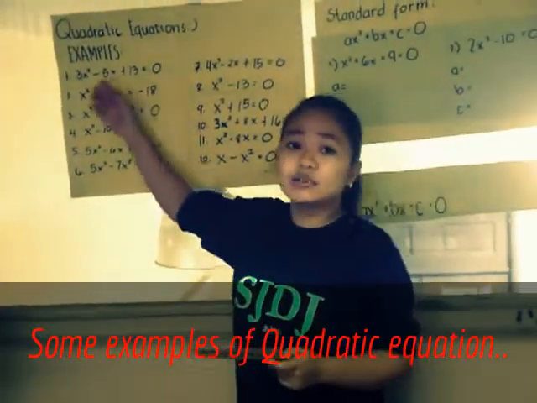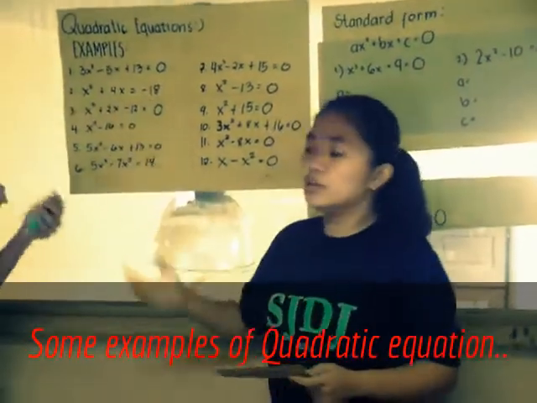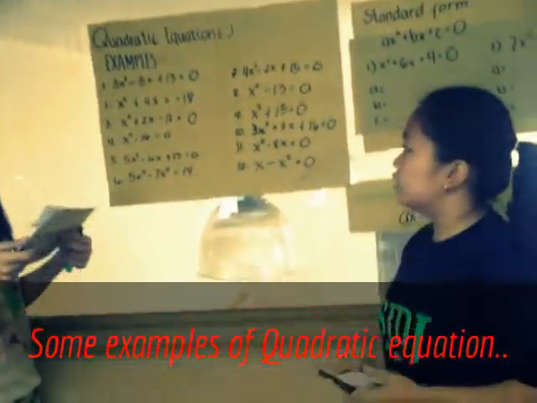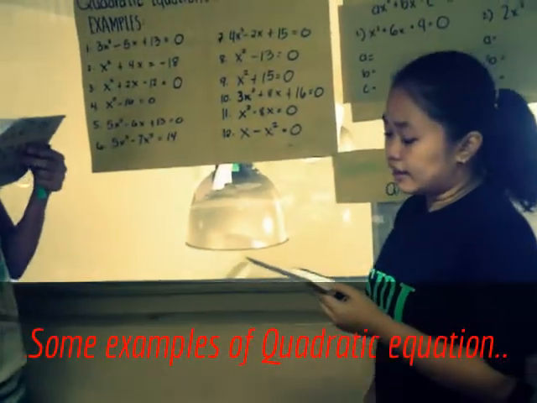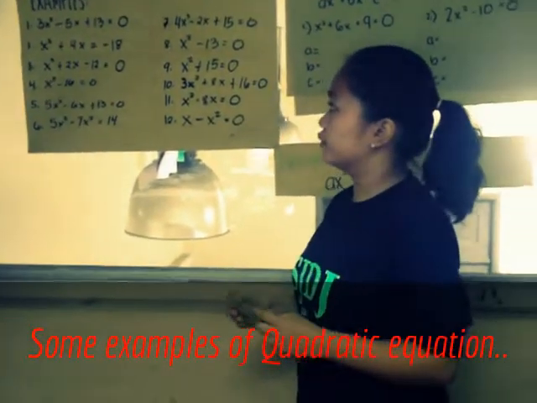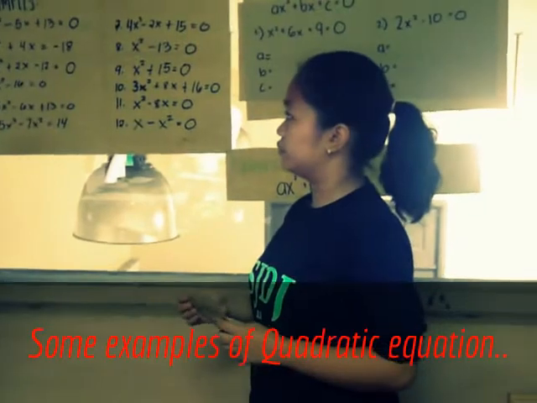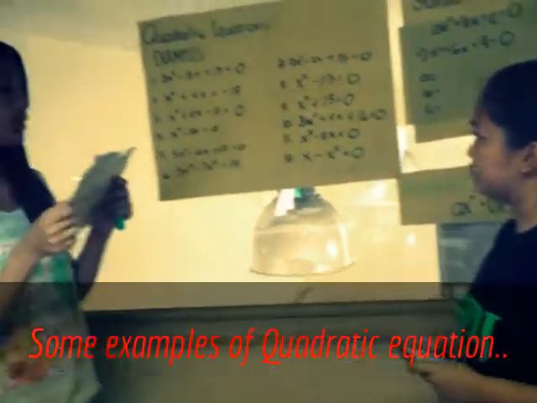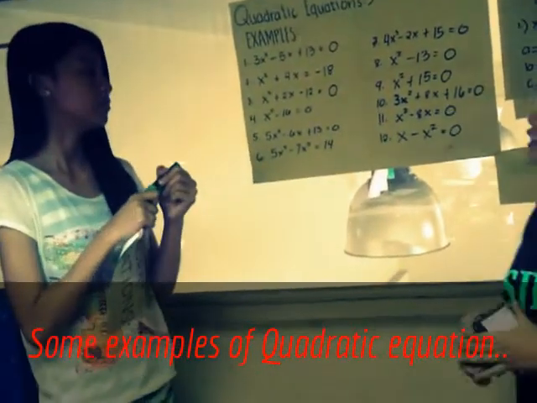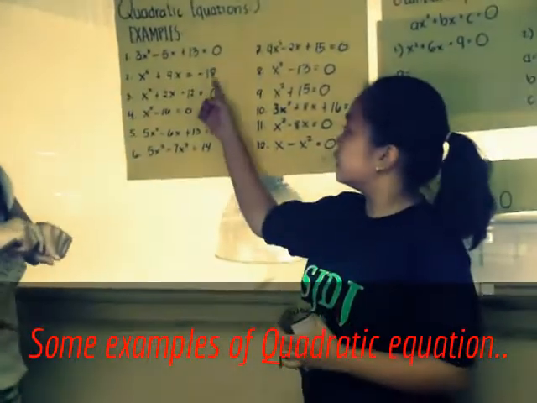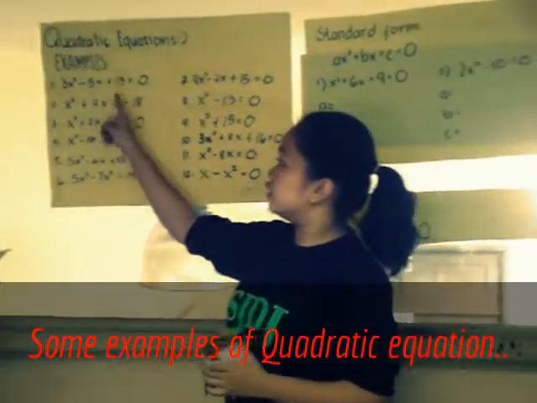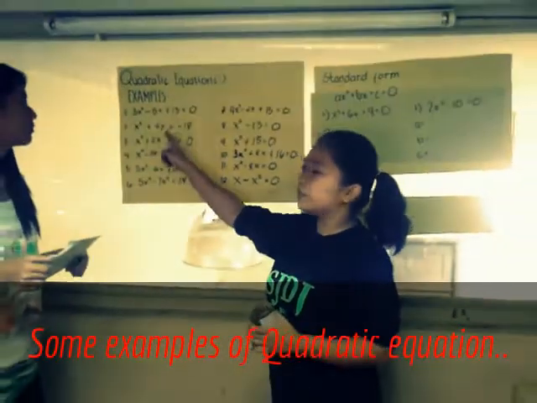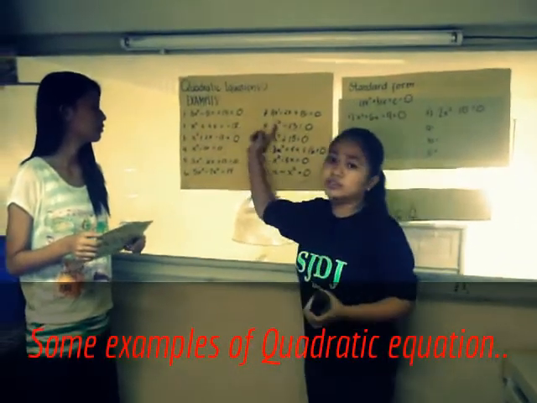Number 2. x squared plus 4x is equal to negative 18 is correct. It is correct because even though it is negative 18 here, you can transfer negative 18 into x squared plus 4x plus 18 is equal to 0.